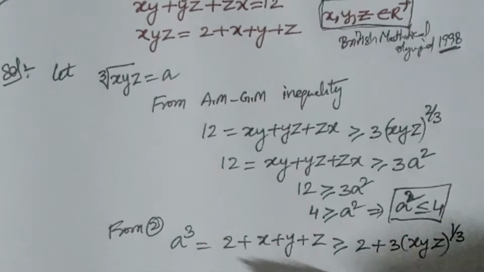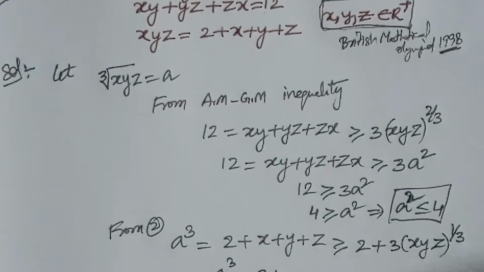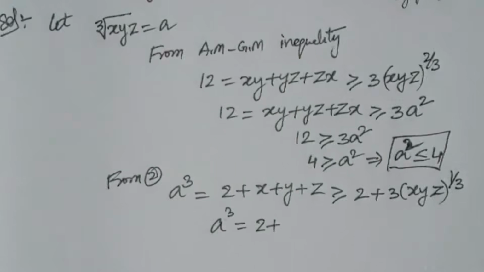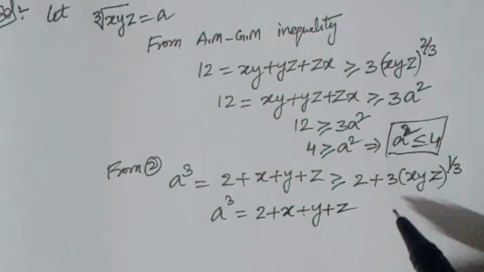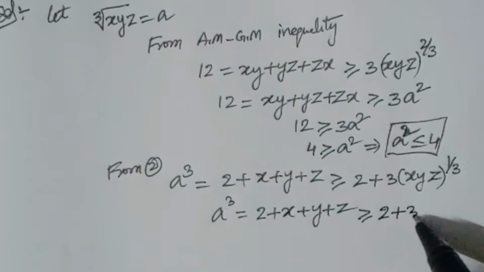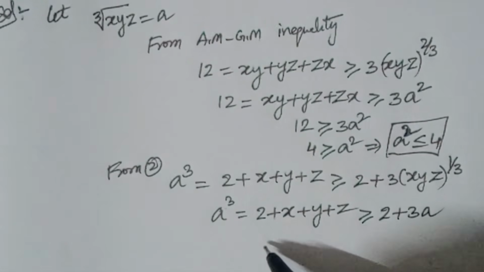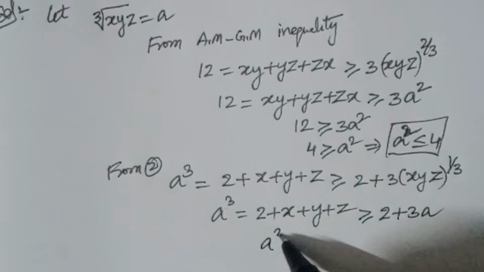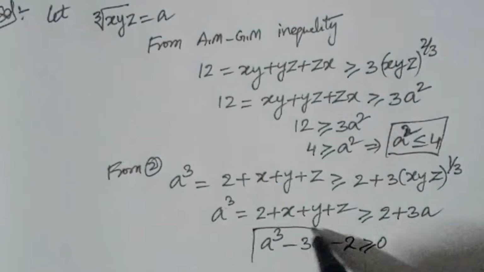So we get a cube is equal to 2 plus x plus y plus z, greater than or equal to 2 plus 3a. So here also we take a cube minus 3a minus 2 greater than or equal to 0.